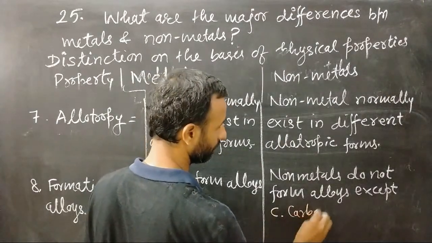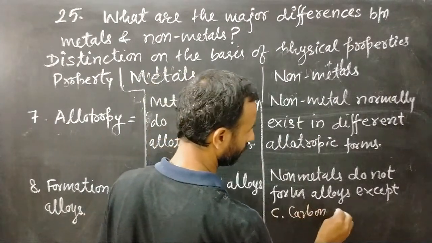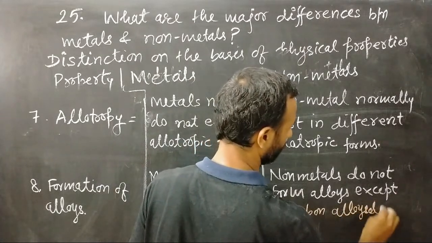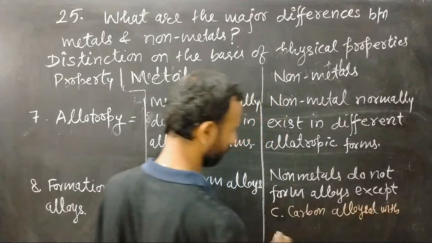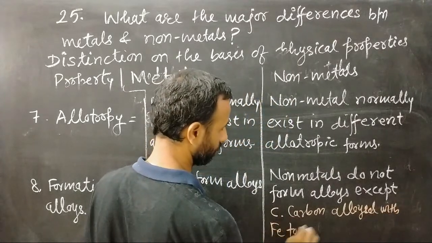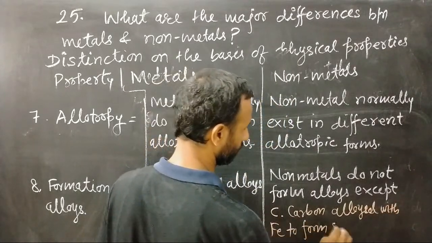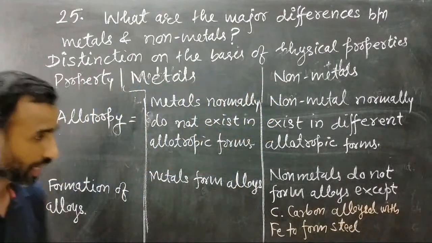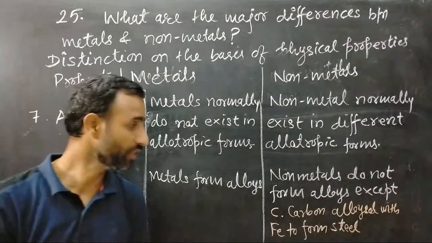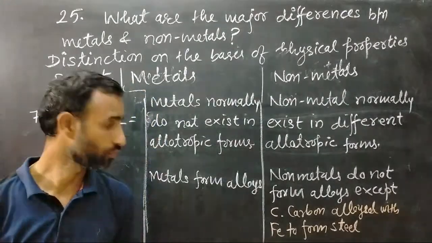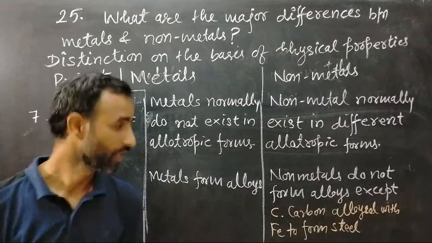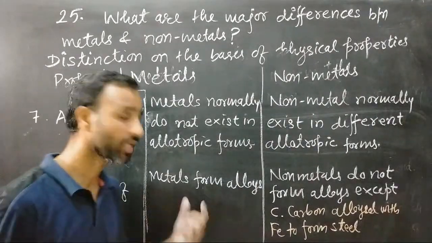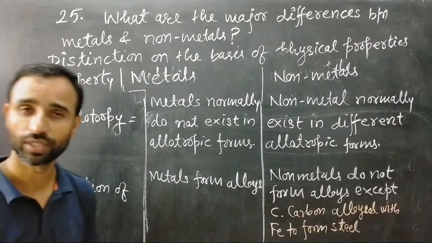Carbon is alloyed with iron to form steel. Carbon, that forms alloy with iron to form steel. Otherwise non-metals do not form alloys, but metals do form many alloys.